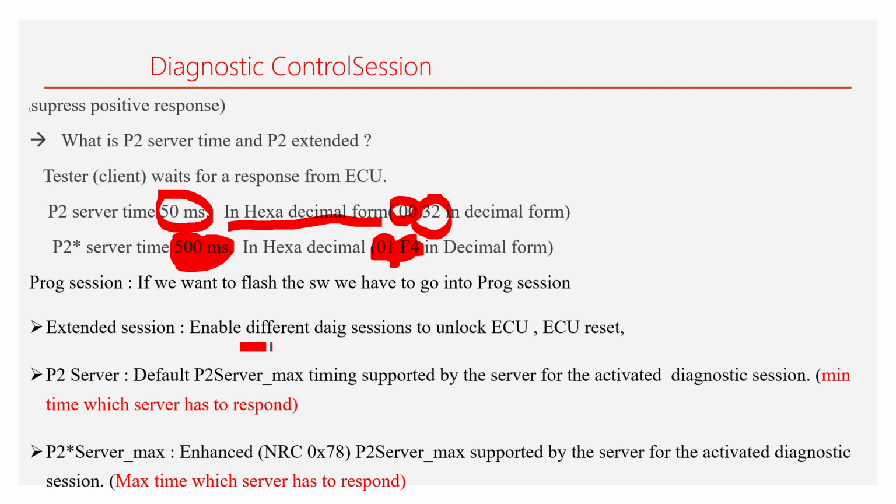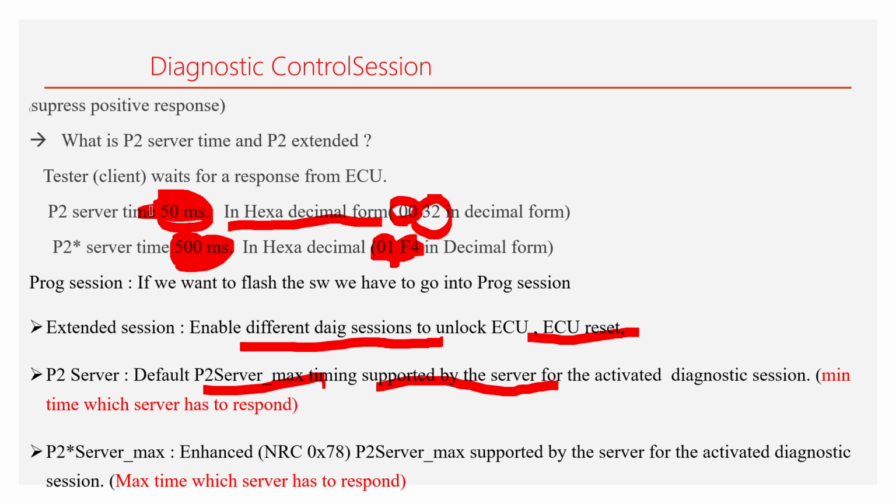See here, to enable the different diagnosis services to unlock the ECU or reset the ECU, we have to wait for the default P2 server, the maximum time supported from the server. How much time will be supported by the server? It will take the minimum time. How much minimum time is? 50 milliseconds.